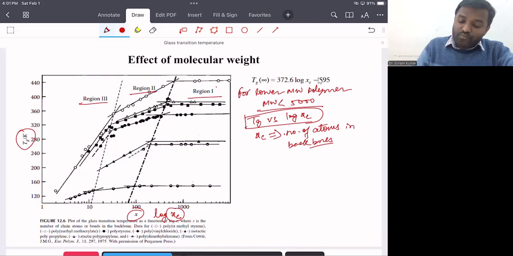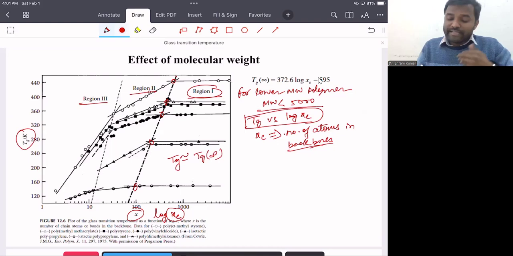The region one comes at very high chain length, after this particular molecular weight, or the number of chain atoms. In region one, Tg is close to Tg infinite. So the glass transition temperature is close to the glass transition temperature at high molecular weight.